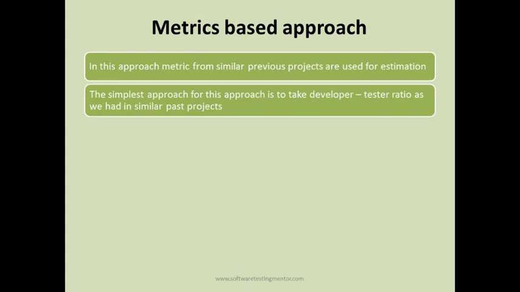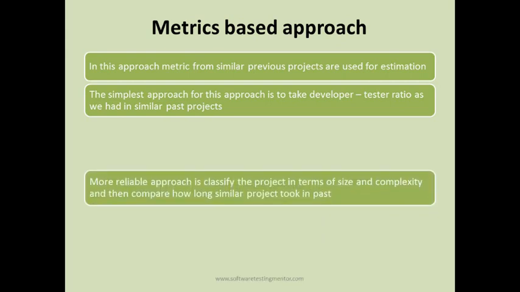The simplest way in this approach is to take the developer and tester ratio. For example, in your previous phase you had a similar level of functionality being added, and you had a ratio of 3:2, so you can have the same ratio in this phase as well, but this is the simplest approach and doesn't give you a proper estimation.